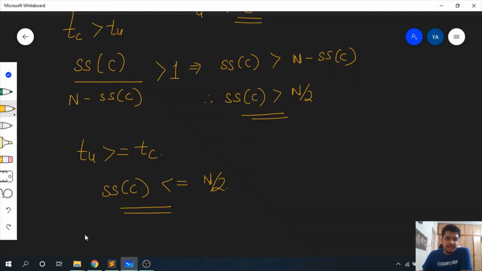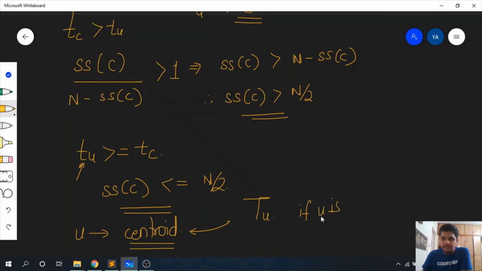This means that the node U is the centroid of the tree, and since it is the centroid of a tree, it will have all the subtree sizes of its children less than n by 2. So centroid of a tree is what we want for our maximum value. So Tu will be maximum if U is the centroid of the tree. So now we can easily calculate the centroid of a tree.